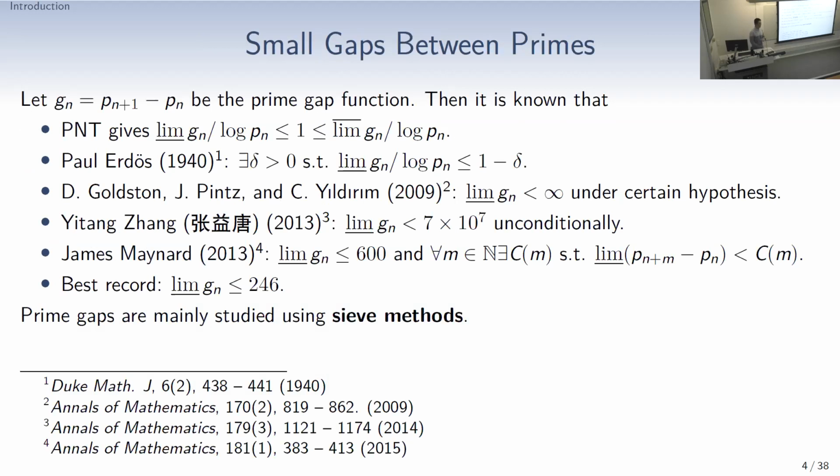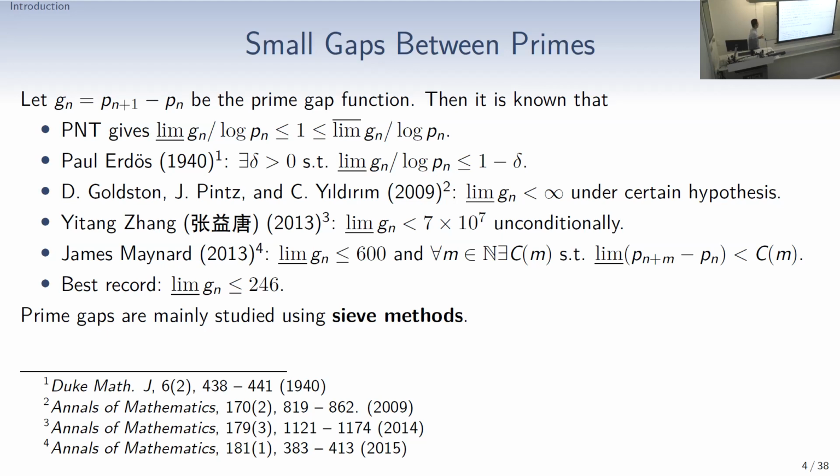Before bounded gaps between primes became a thing, mathematicians were concerned with the study of prime gaps, especially the small gaps between primes. For brevity, we use G_n to denote the difference between consecutive primes. This is called the prime gap function. From the prime number theorem, the limit infimum of G_n divided by log of p_n is less than or equal to 1.